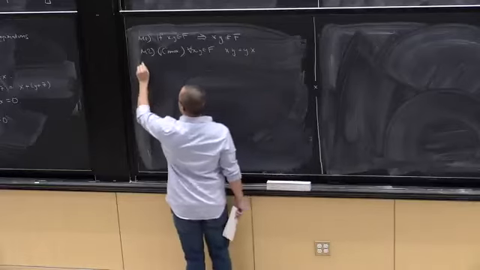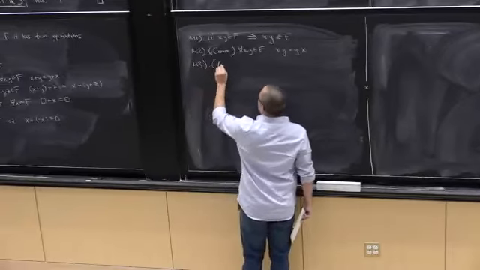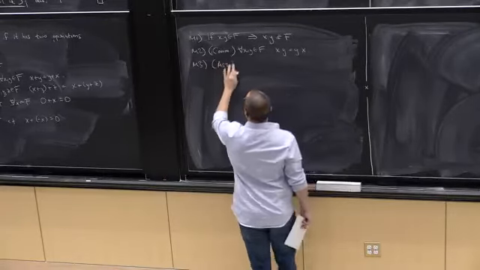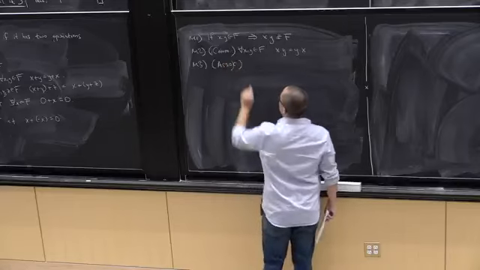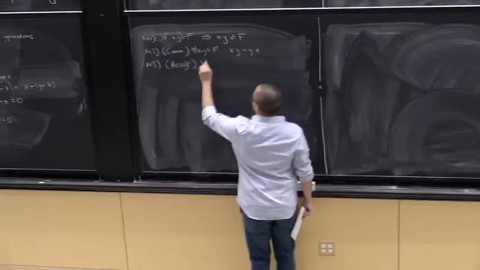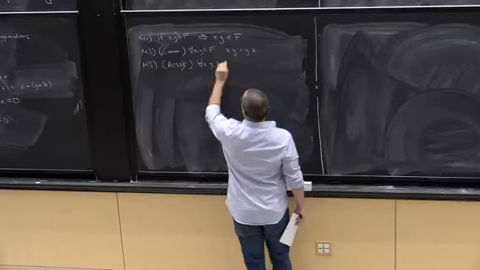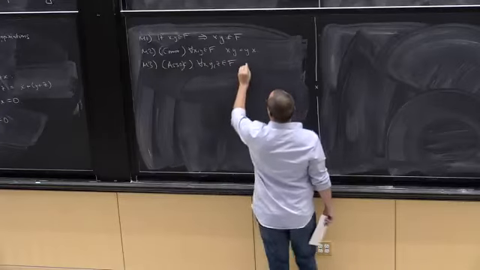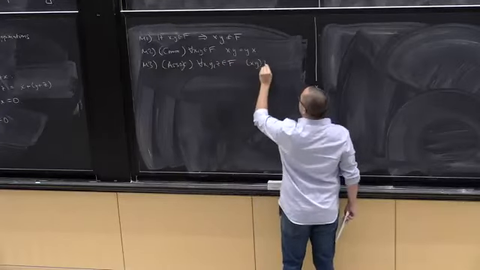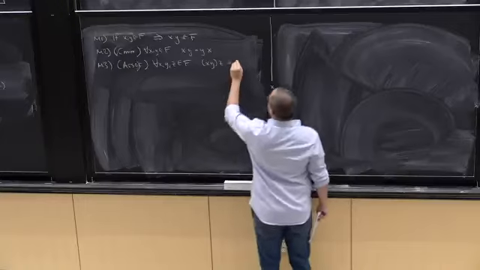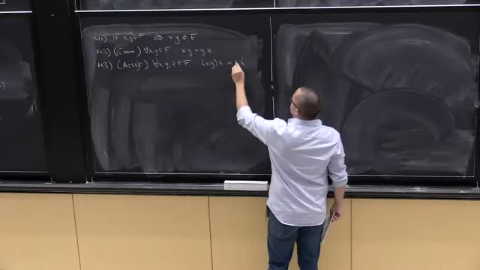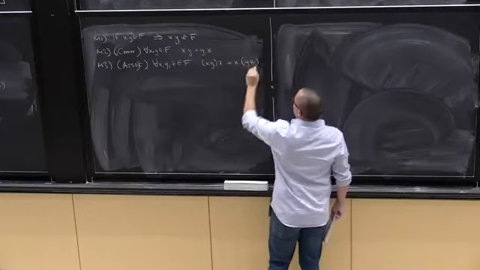We also have associativity. For all x, y, z in F, I multiply x times y and then multiply it by z. It's the same as taking x and multiplying it by y times z.